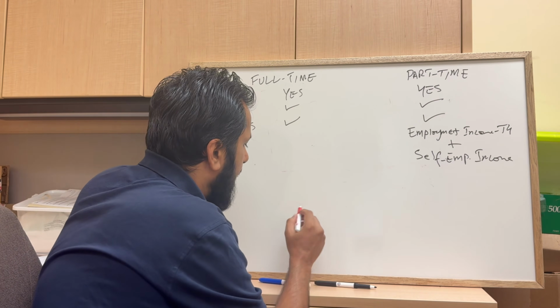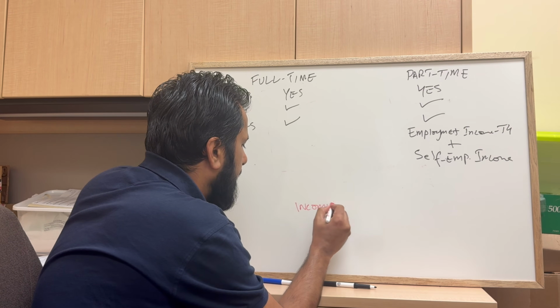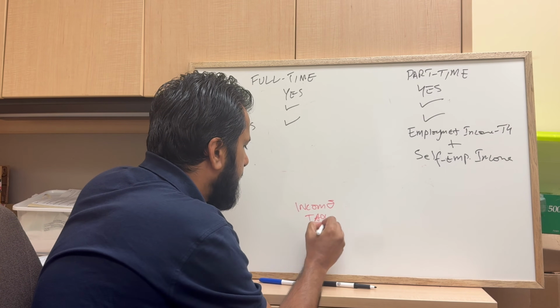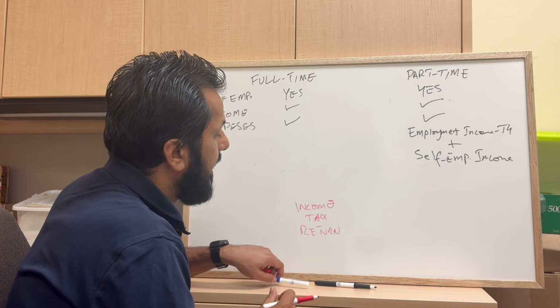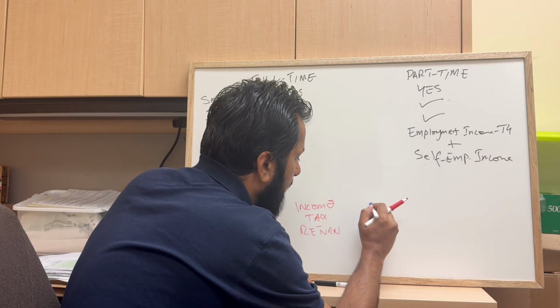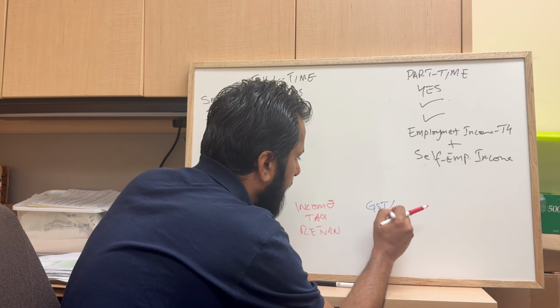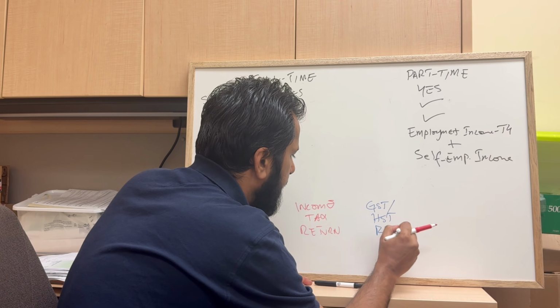So let's say one tax return is the income tax return, and the second type of tax return that I just told you is going to be the GST HST return.